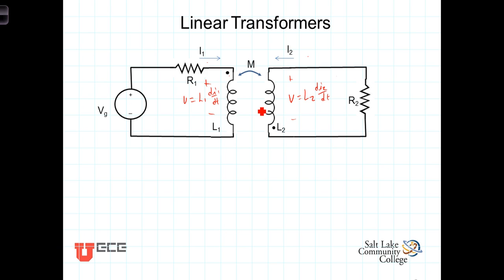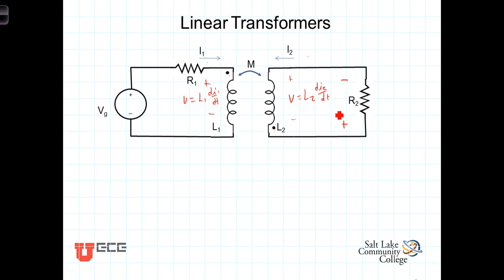So the convention is that one terminal of each coil is marked with a dot, such that the voltage that is induced by a current flowing into the dot on this coil will induce a voltage that is positively referenced at the dotted terminal of the other coil. Thus, I1 is referenced into the dotted terminal. It's going to induce a voltage in the other coil which will be referenced with a positive reference at the dotted terminal of the other.